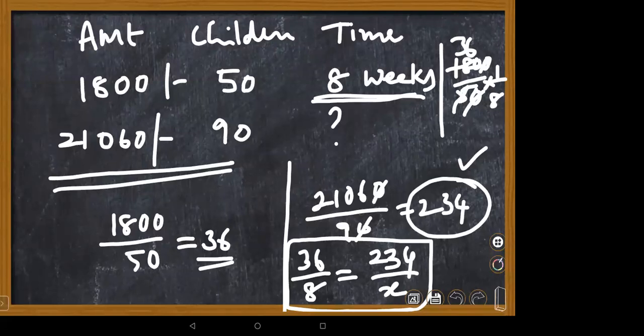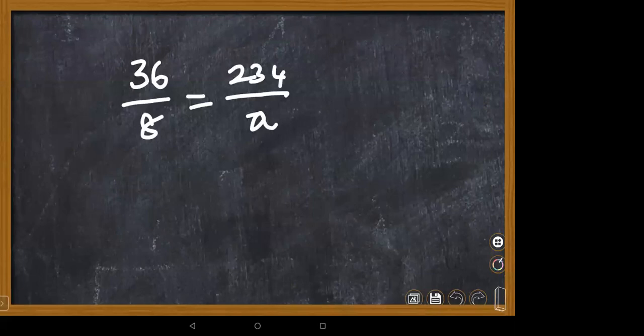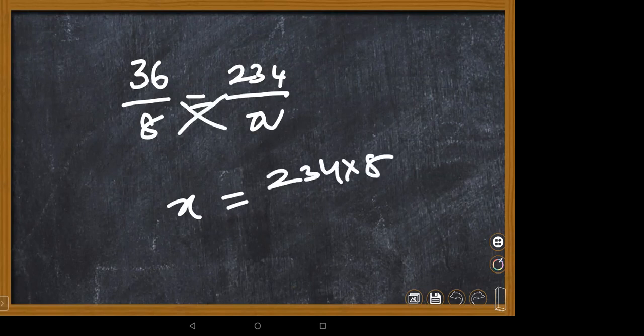Simplify, children. Shall I do simplification once again? Yes, ma'am. 36 by 8 is nothing but 234 by x. So find the value of x. X equal to just cross multiplication. 234 into 8 by 36.